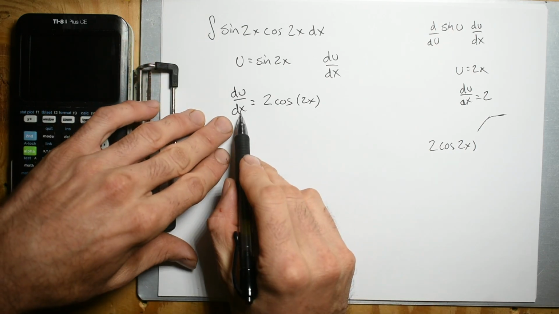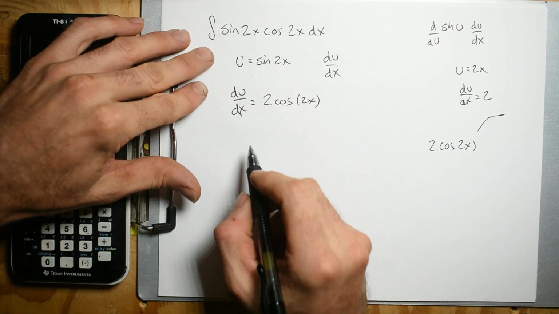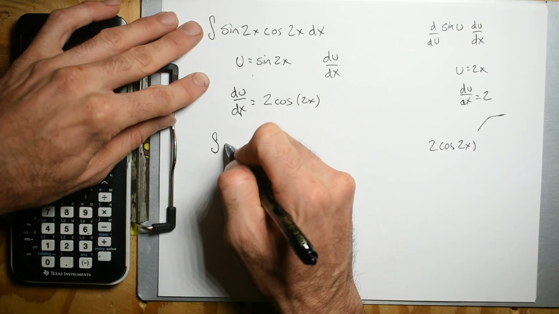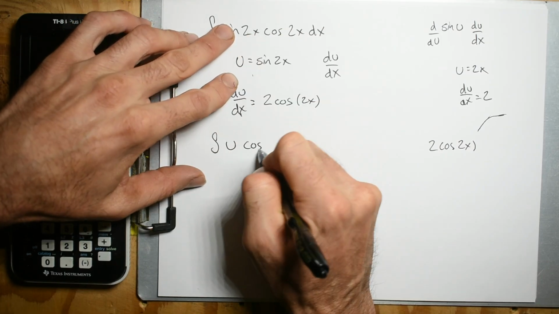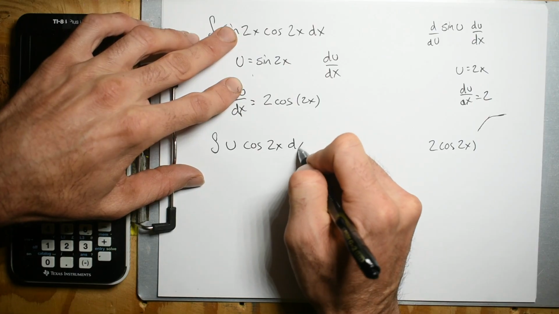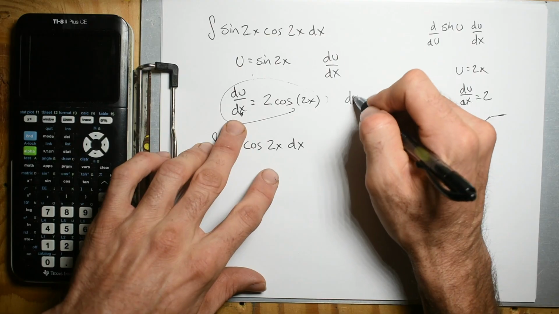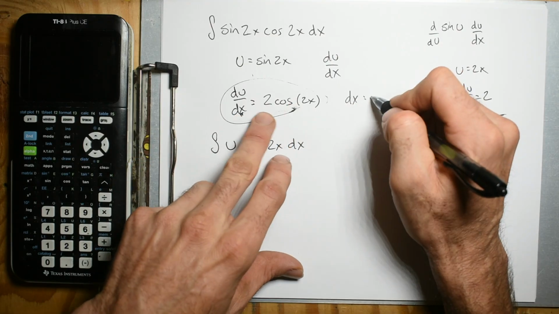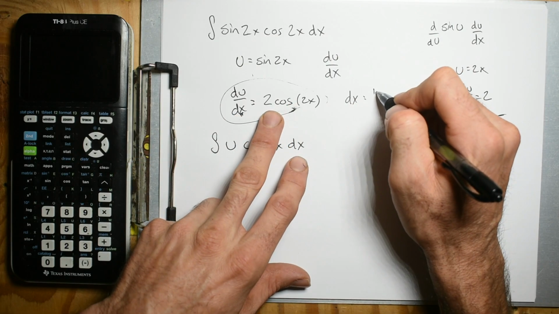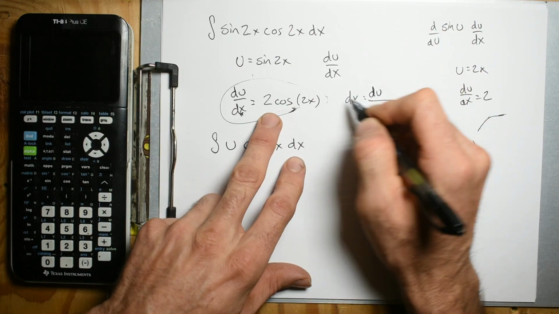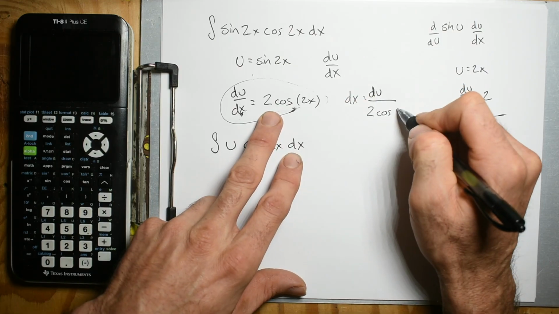Hell yeah. Now, this was our u substitution for this. So this now looks like this: u cosine 2x dx. So let's solve this for dx. So dx, upstairs, downstairs, I just put everything downstairs right off the bat.